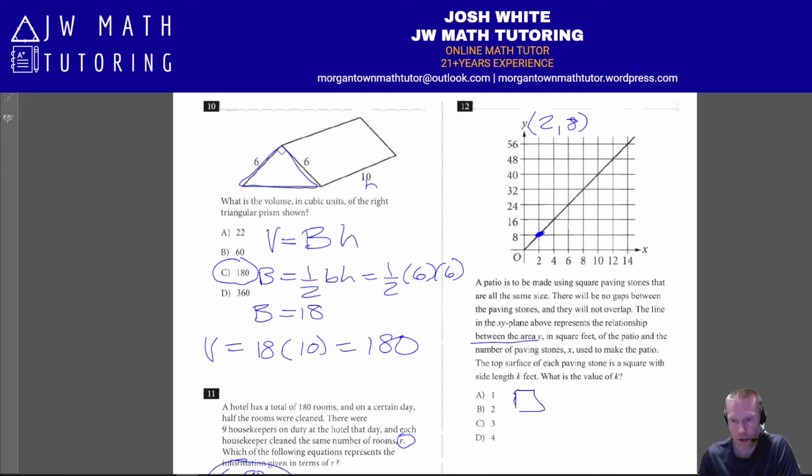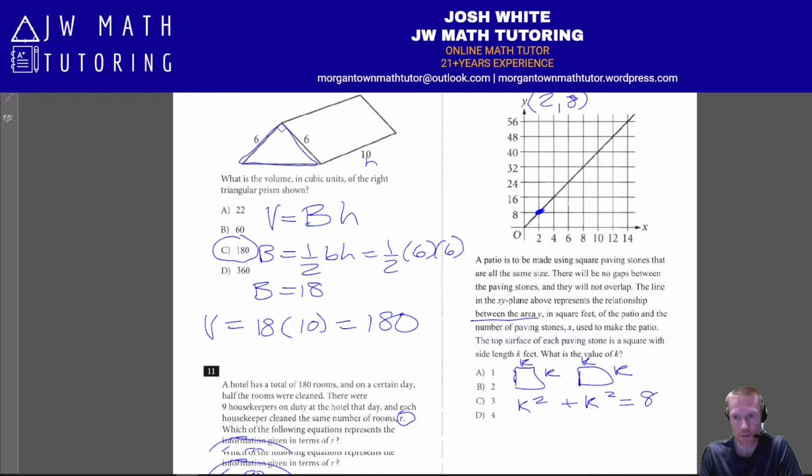So think about it. Each stone, again, is like k feet by k feet, all right? So if I have two stones, the area of the first one is k squared, just k times k. The area of the second one is k squared. So my total area would be k squared plus k squared, and that's equal to 8. All right?